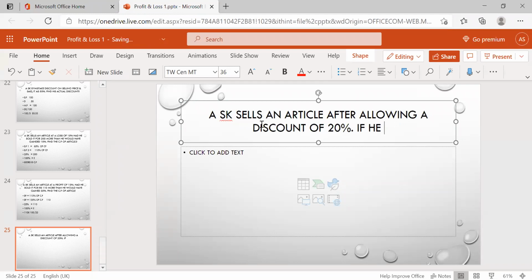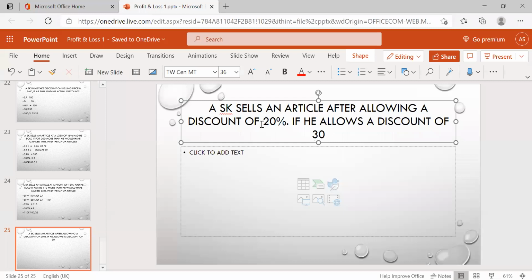If he allows a discount of 30%, so previously 20% and now 30%, then he would have lost 150 rupees more.